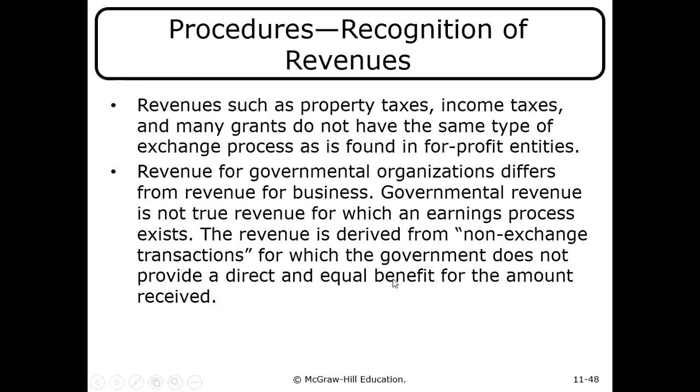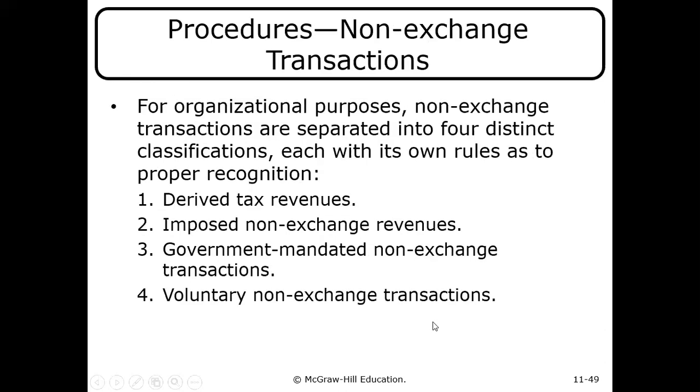Okay, so if somebody pays school taxes and they never had children, what kind of service are they getting from the government for their school tax? That's what we're talking about there. So what procedures do we take to recognize?